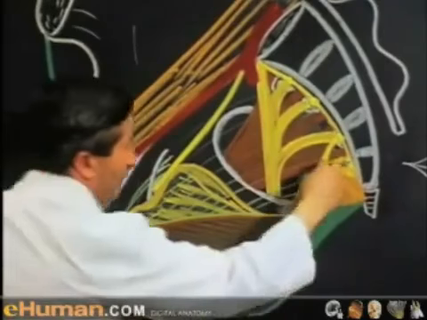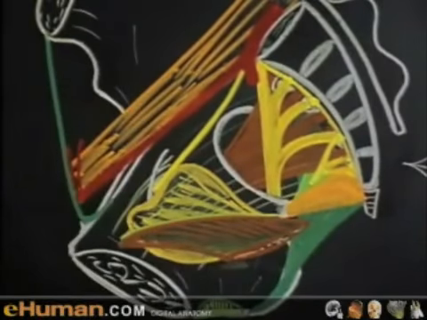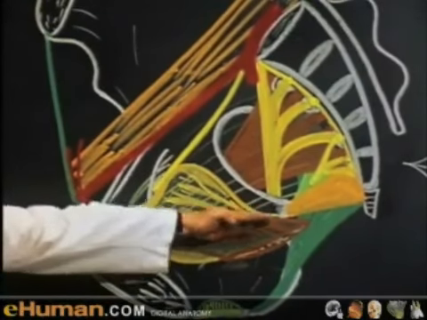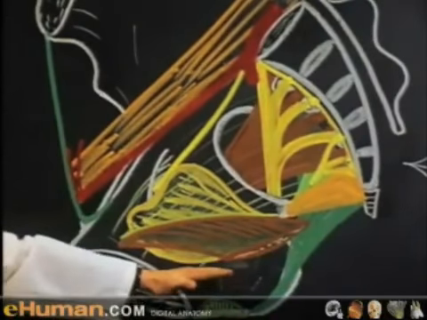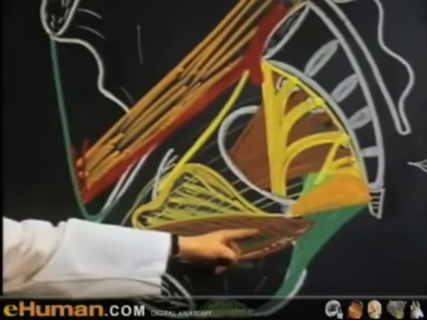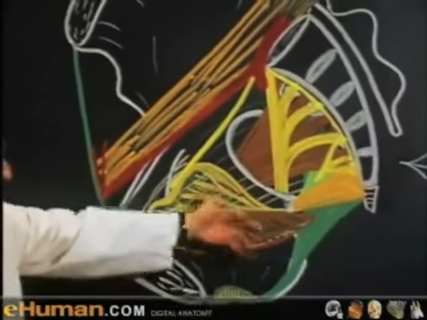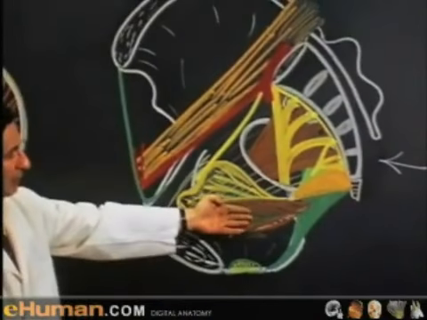Now the pudendal nerve is going to ultimately pass down into the perineum. And by definition, the perineum is that part of the pelvis which lies below the pelvic floor. In other words, in this region here. Now it would be most inconvenient for this nerve to pass directly through the pelvic floor, because it would interfere with the contraction of either the coccygeus or the levator ani.